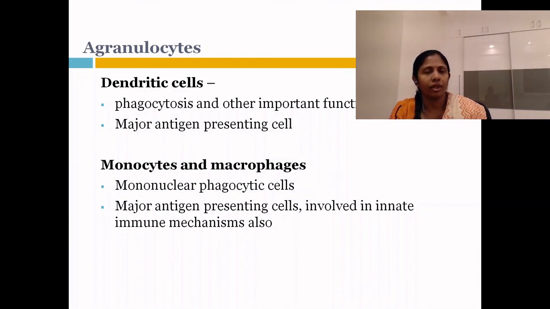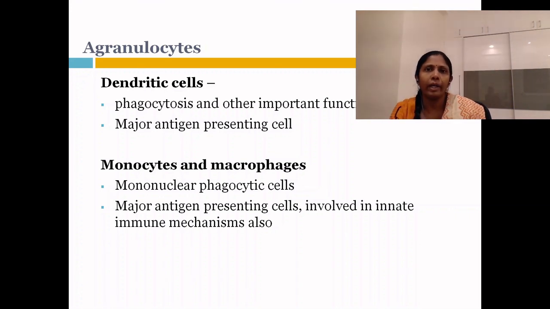Here there are two major functions. All these cells that are capable of phagocytosis have two major functions. One is a part of the innate immune system, that is, they directly destroy and kill the pathogens by phagocytosis. The second one is a part of the adaptive immune system.